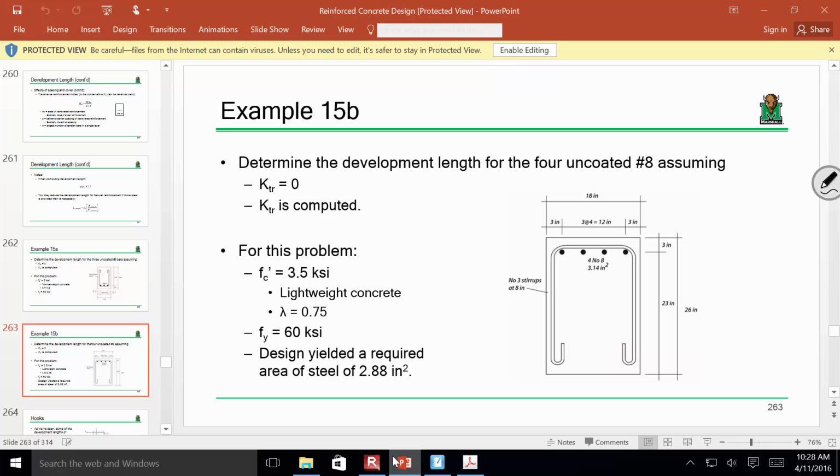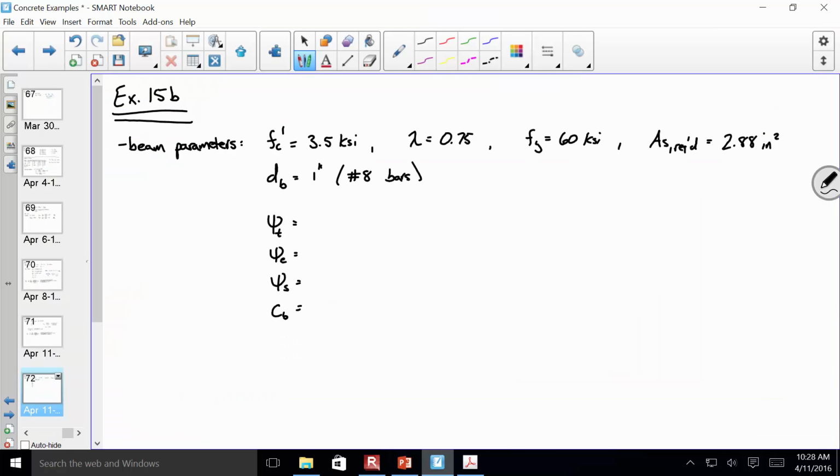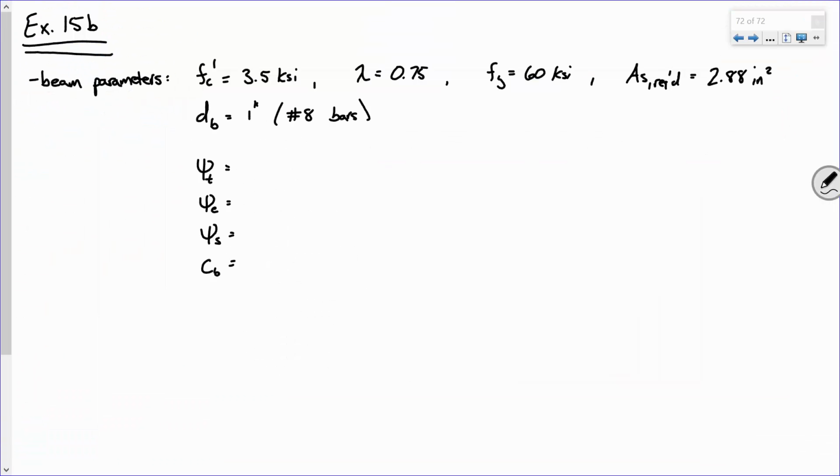It's 4 bars on the top, okay? So psi sub t is going to be 1.3 in this case. So I'm going to say on the example 1.3. And then for posterity, for your notes, I'm going to put top bars. So that way I indicate a value and then I put a value and I indicate why it's there.